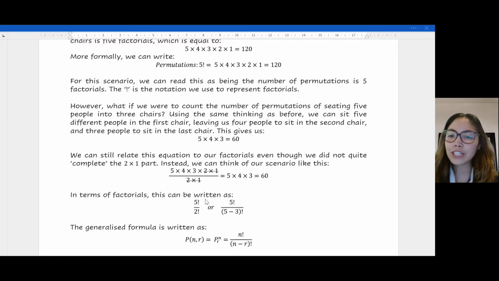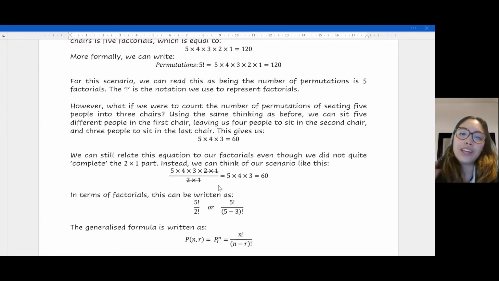However, my factorial requires me to have the 5 times 4 times 3 times 2 times 1. So what we can do when thinking about our scenario here is we can still relate this to our factorials. It might just look a little bit different because it didn't complete the 2 times 1 part.